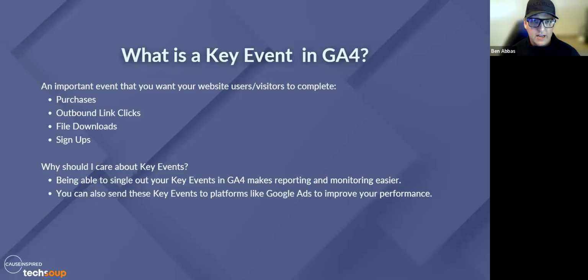Without that conversion data, we're basically not sending signals to your Google grant to say, this is working or this isn't working. For instance, we usually start accounts out with a key event of a 3-minute timer, one, to feed the account data when it's had none, but also to tell Google, hey, this person spent 3 minutes on site.